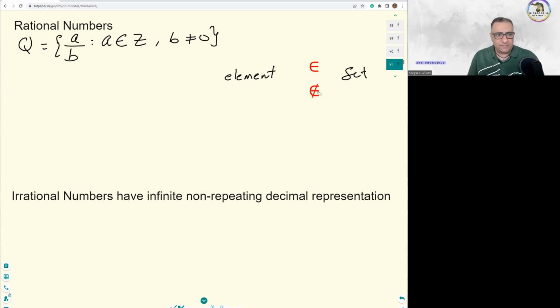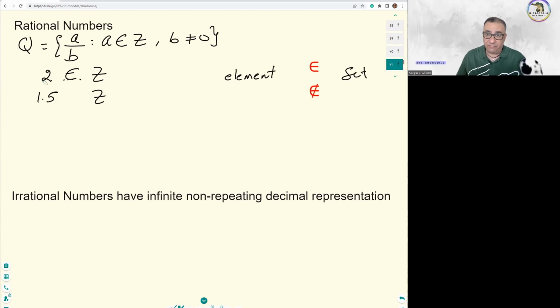Let's have some examples. When I say 2 and then Z, the set of integers, I choose between these two symbols. Is 2 an integer? Yes, so we use belongs to. But for 1.5 and Z, 1.5 is obviously not an integer, so I need to use does not belong to.